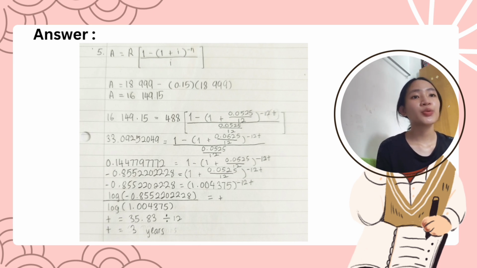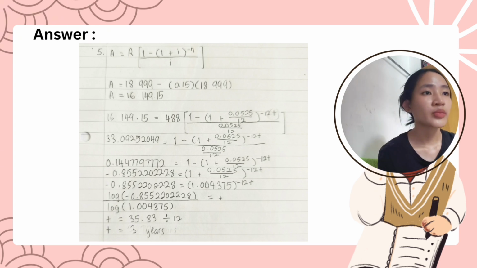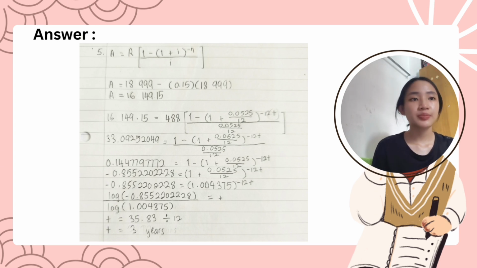He agrees to pay equal monthly installments of Rm 488 to settle the loan in full. The bank requires the loan to be fully repaid, and Chong wants to know exactly how long it will take. So in this question, we will have to determine the T, time.